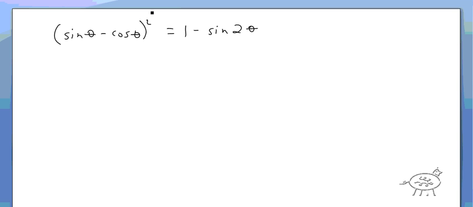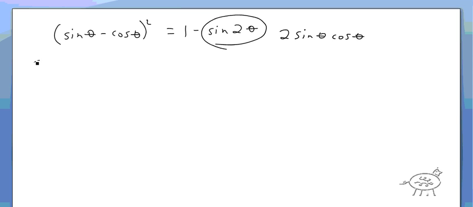It's in quantity squared, and really what I need for this sine of 2 theta is 2 sine of theta cosine theta. So you could probably do it both ways. I'm going to actually choose to work on the left hand side.